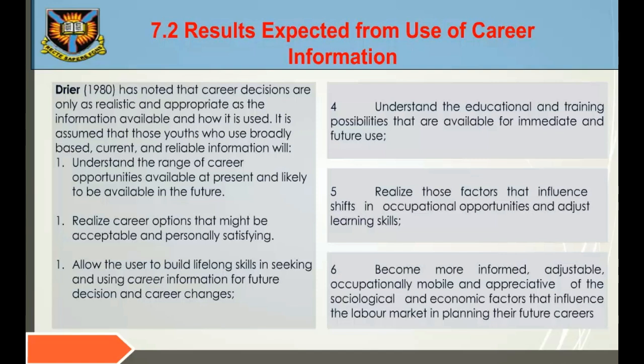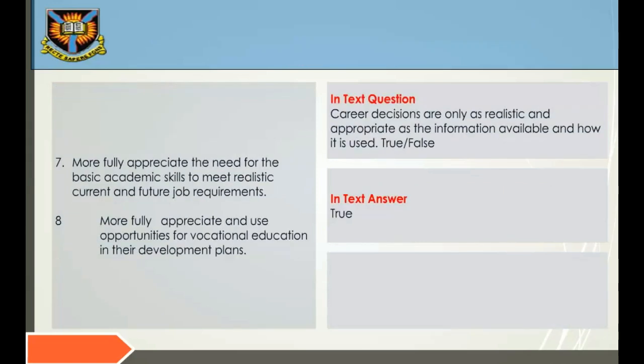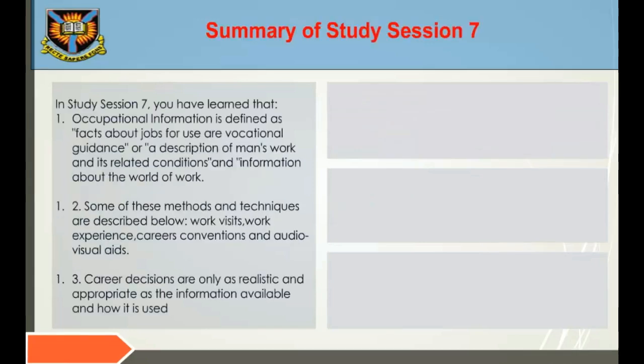Become more informed, adjustable, occupationally mobile, and appreciative of the sociological and economic factors that influence the labor market in planning their future careers. 7. More fully appreciate the need for the basic academic skills to meet realistic current and future job requirements. 8. More fully appreciate and use opportunities for vocational education in their development plans.